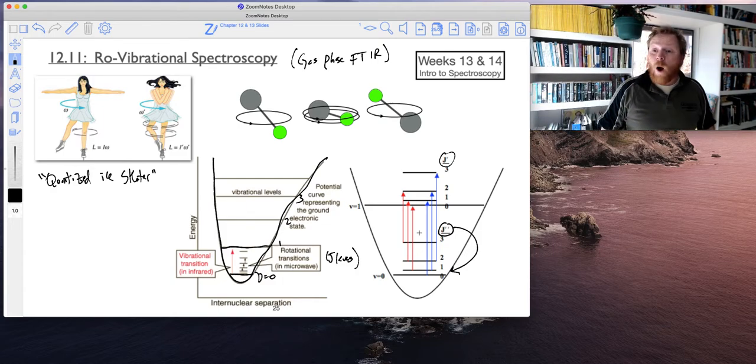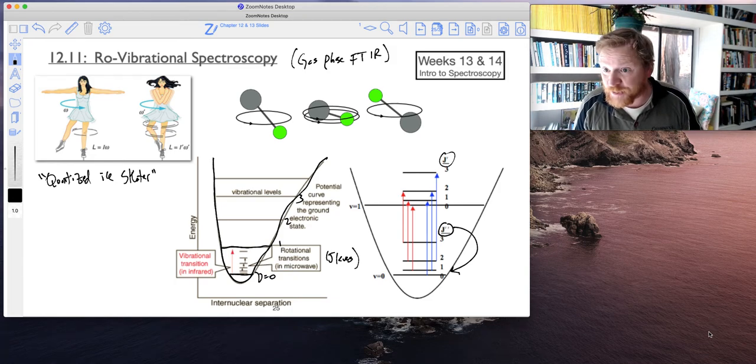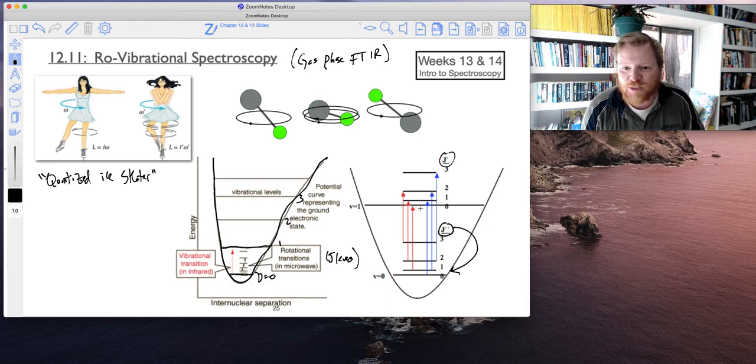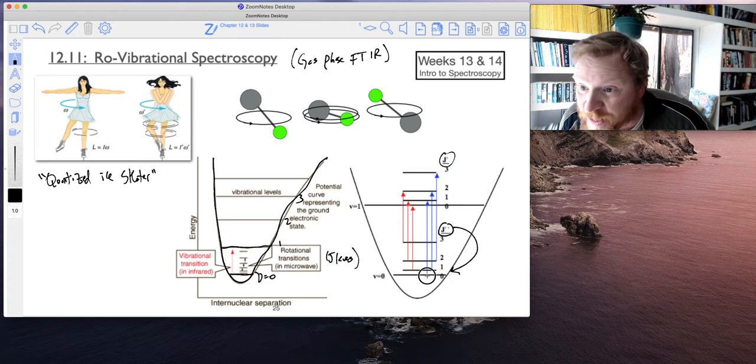So what happens now is this molecule elongating and compressing can stimulate the rotational levels. Okay, and so that's what you can see with these arrows right here, right? Where we might have a molecule going from the ground vibrational state in the ground rotational state.